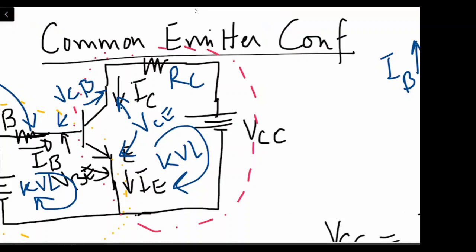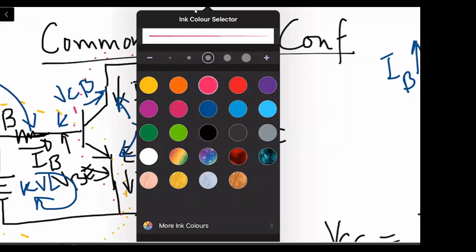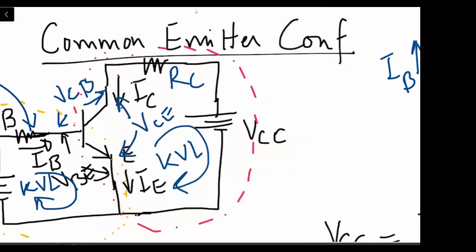The direction of the current, if you see. KVL, the direction, however you take it, it doesn't matter. The direction of the current IC you can see in the circuit, right? Yes, sir.